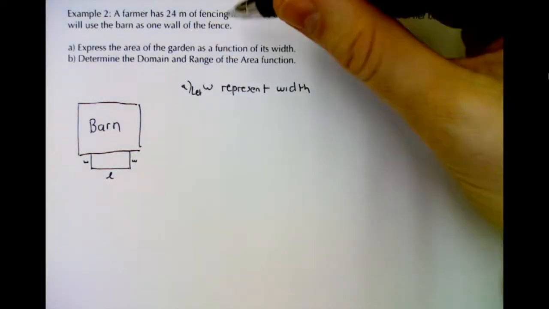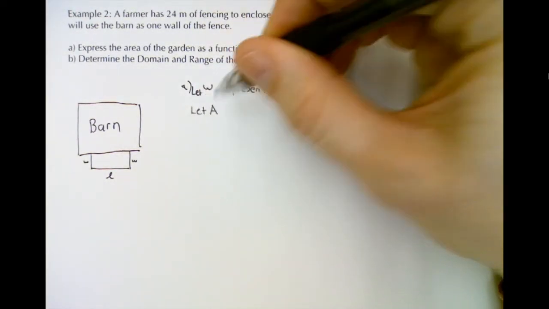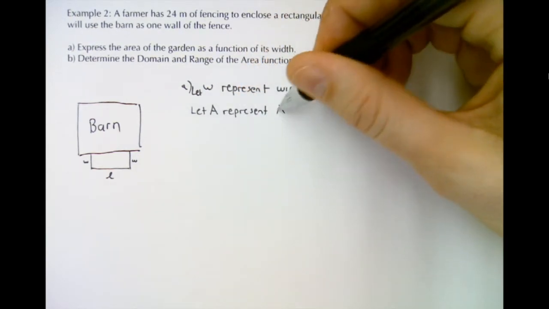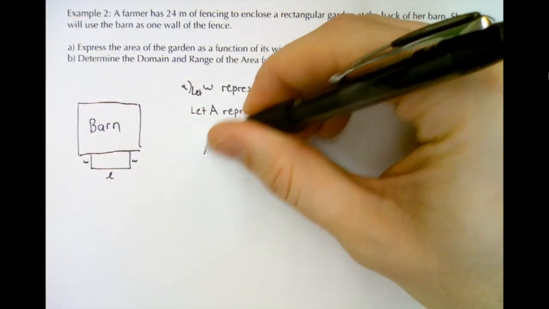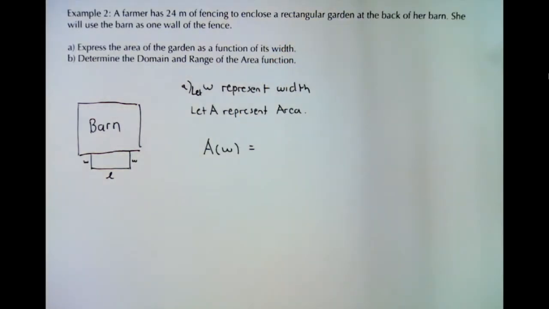And we want to write the area as a function of width, so we need to define A for area. Let A represent area. And if we want to write an equation for area as a function of its width, we need to write A of W. And how do you find the area of a rectangle?